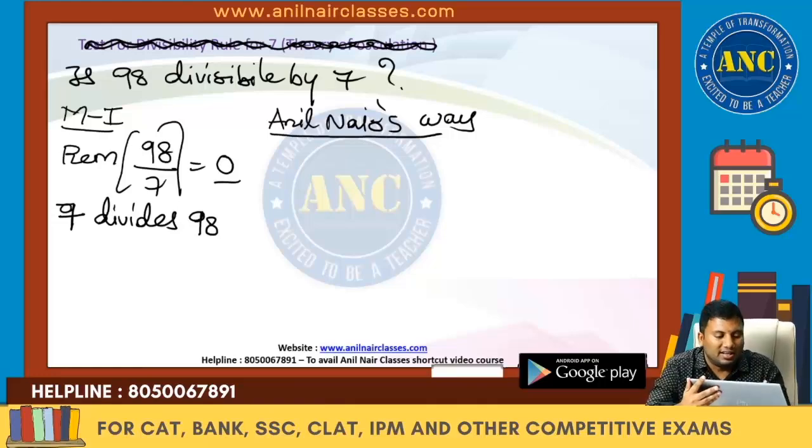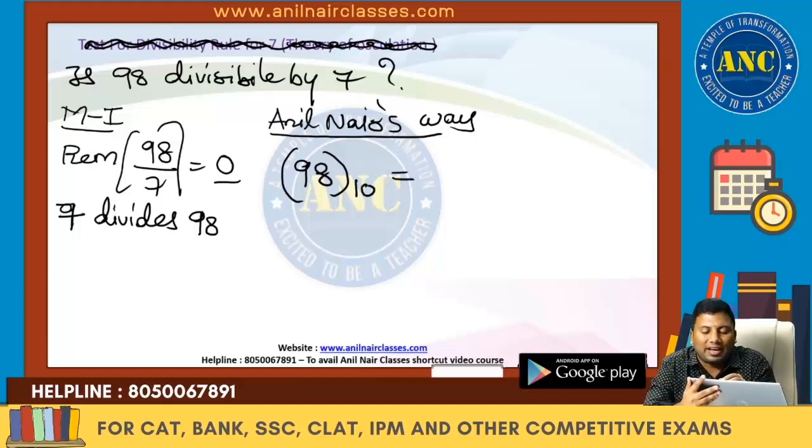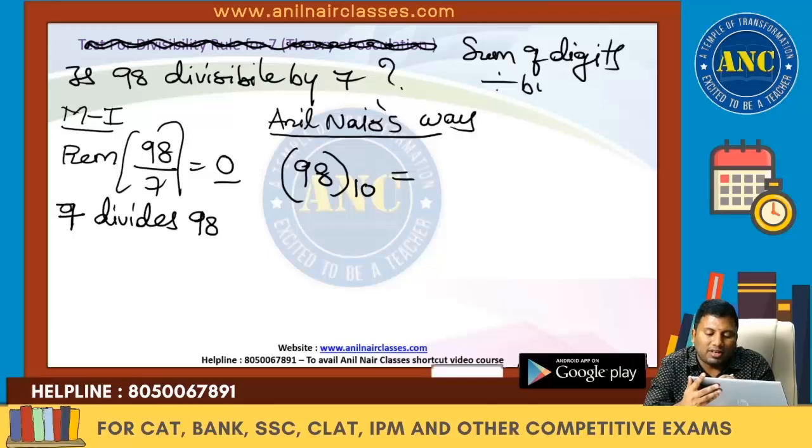Now see here. This is 98, in base system 10. What is the divisibility rule for k minus 1? The sum of the digits should be divisible by k minus 1.